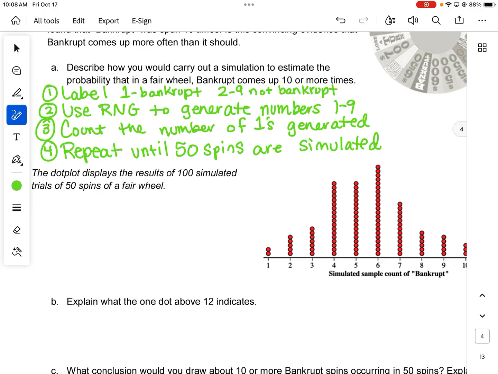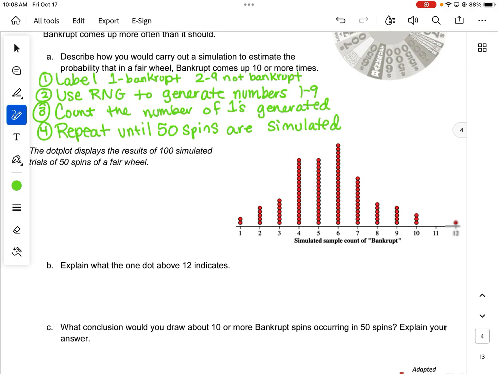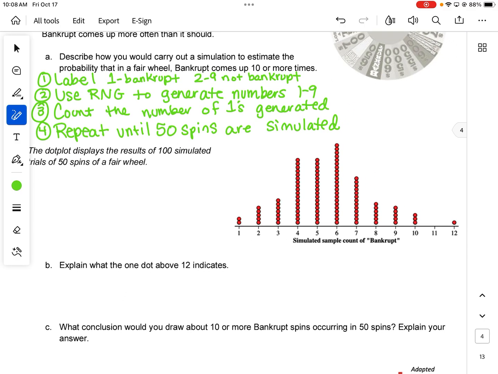So the simulation, one trial is 50 spins. They did this one trial 100 times, and here are the results. We didn't have to find the results, so we're just going to analyze them.